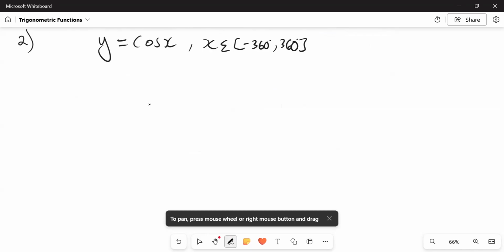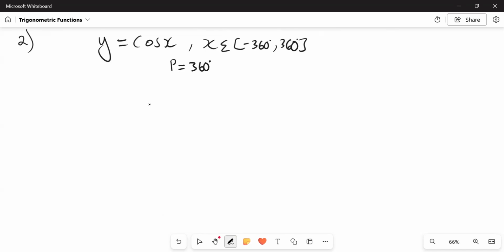Yeah, the standard period of this graph is equal to 360. Again, I'll explain at a later stage. But by definition, we know that period is just the horizontal distance to complete one cycle, right? Perfect.